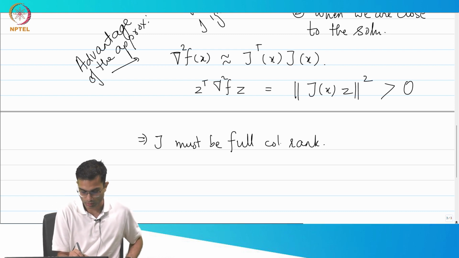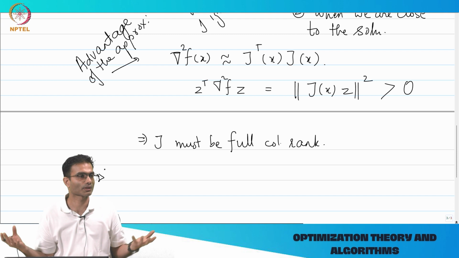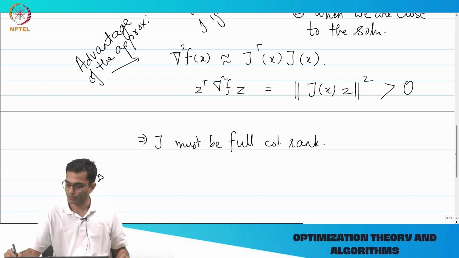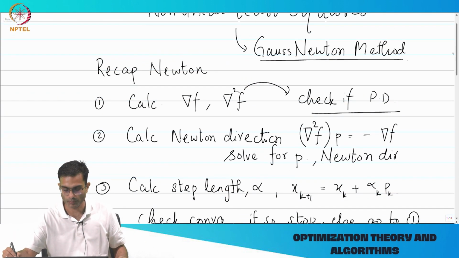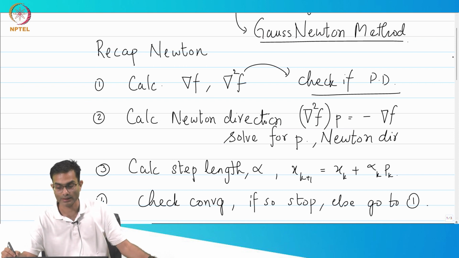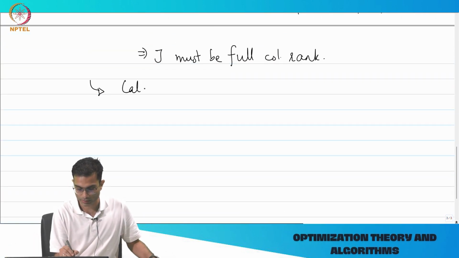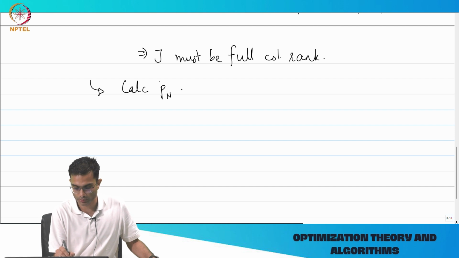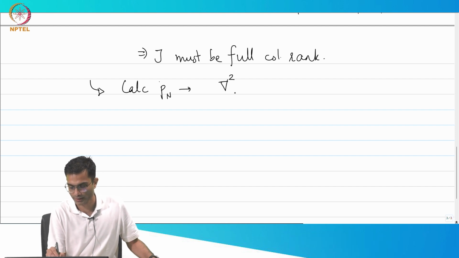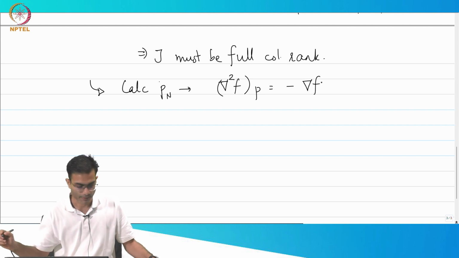So now we'll work out what this Gauss-Newton method is. In the Newton method, step 1 we have done: calculate grad f and del squared f. Next is to calculate the Newton direction. Let's see, does this calculation become any easier? Calculating P Newton: what was that? Del squared f into P is equal to minus grad f.